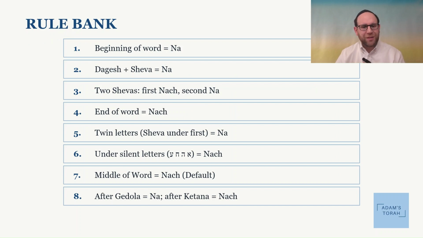If a sheva is in the middle of the word, it's going to depend on what is the vowel immediately preceding that sheva. If it is a Tenu'ah Gedolah, actually it's a shvanah, which is what rule 8 is telling us. Only if it's following a Tenu'ah Ketanah is it a shvanach, which is what we said is the default rule in rule number 7. It's really going to depend based on rule number 8.